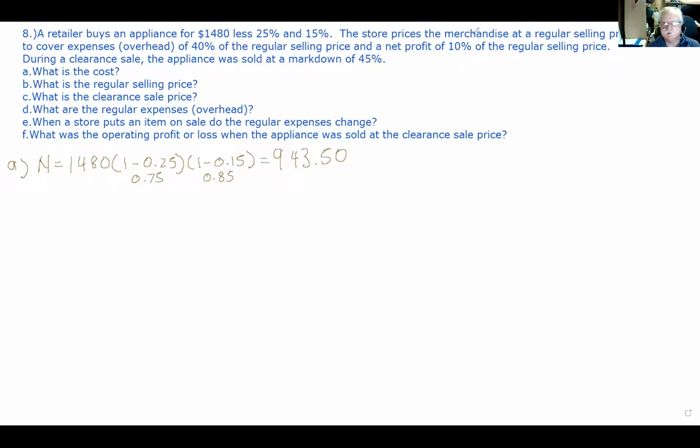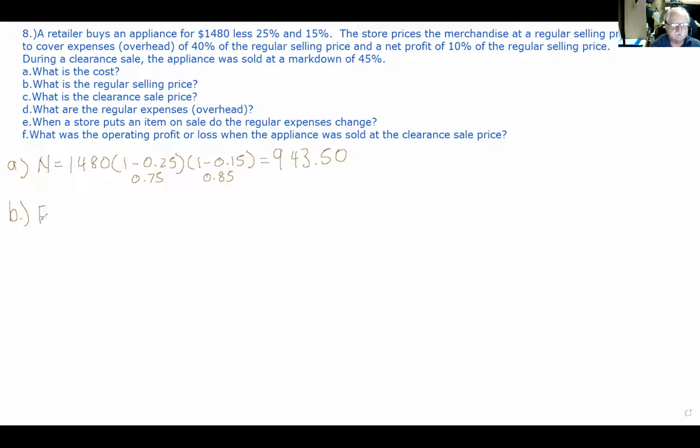And then the store prices the merchandise at a regular selling price, which is just their selling price, to cover expenses of 40% of the regular selling price and a net profit of 10% of the regular selling price. So here they're using the word regular, but they're just talking about selling price. So in this case, now we've suddenly come to a situation where we're going to distinguish between expenses.